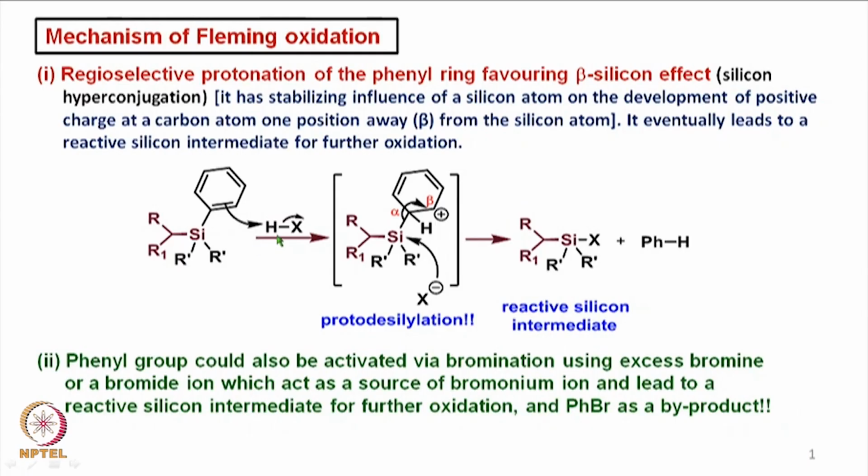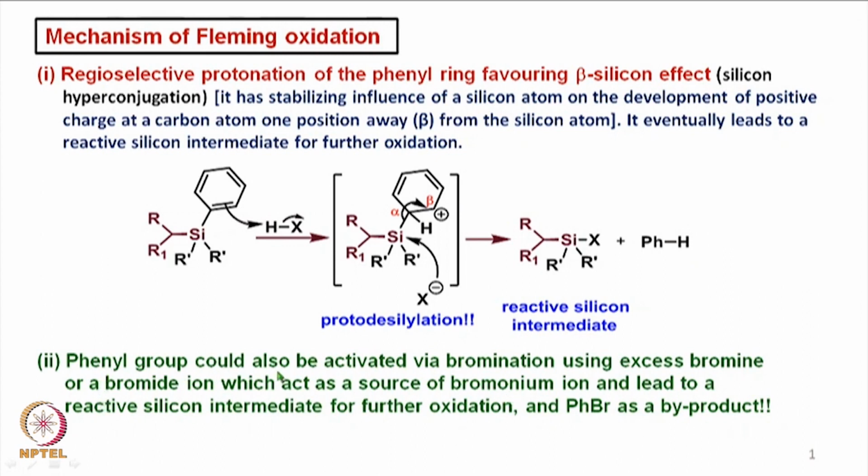Now in principle one can use any electrophile in place of H plus and carry out the cleavage of the carbon-silicon bond and generate the corresponding aromatic compound. For example, we could also use a source of bromonium ion.